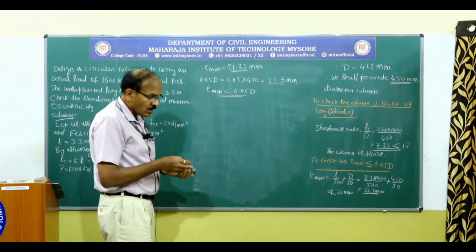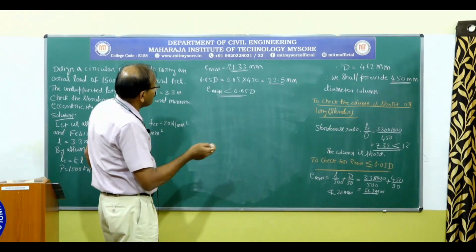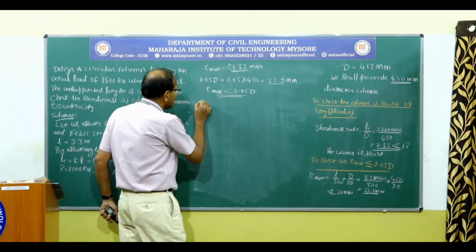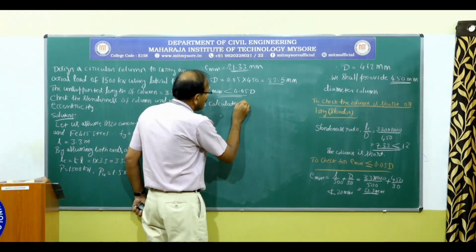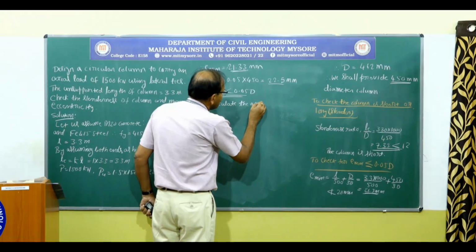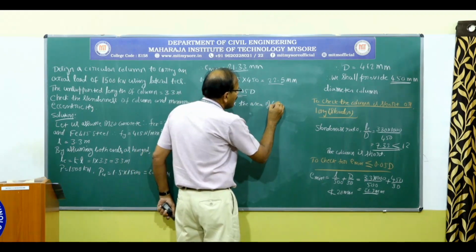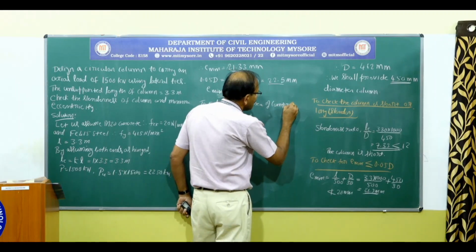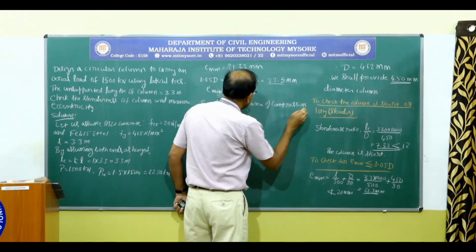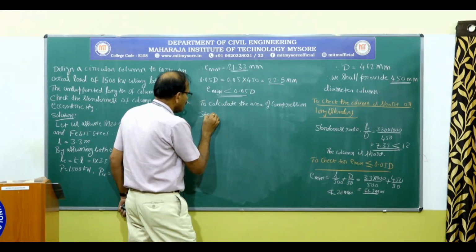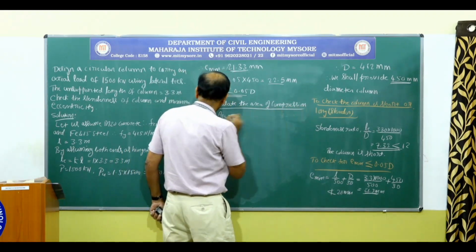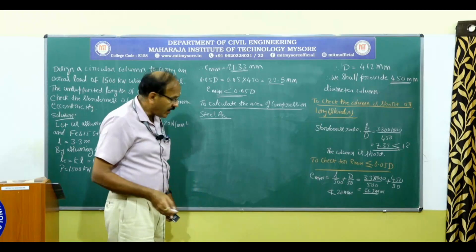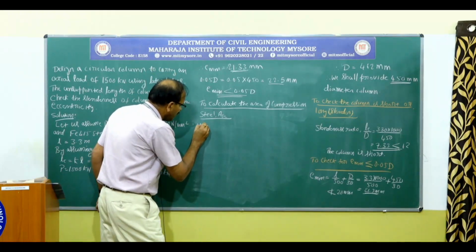The next is to find the area of compression steel, ASC. Again, we are going to use the same formula.